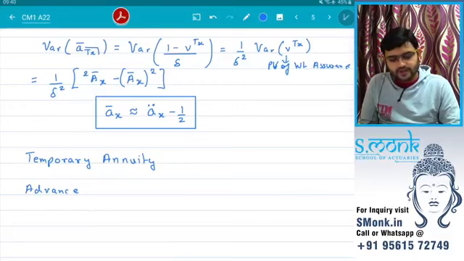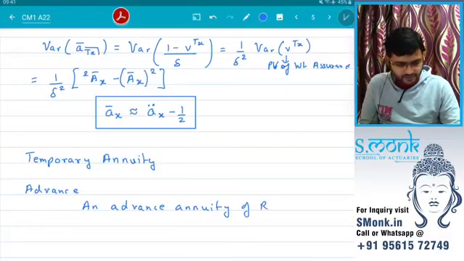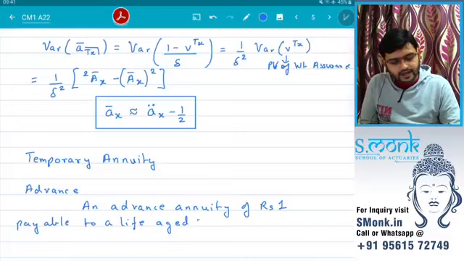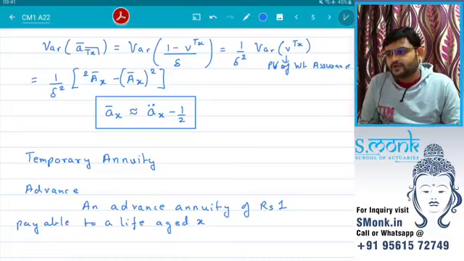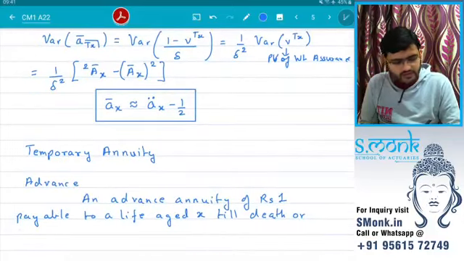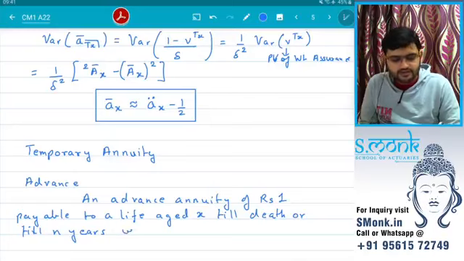We'll say an advance annuity of ₹1 payable to a life aged x till death or till n years, whichever is earlier.